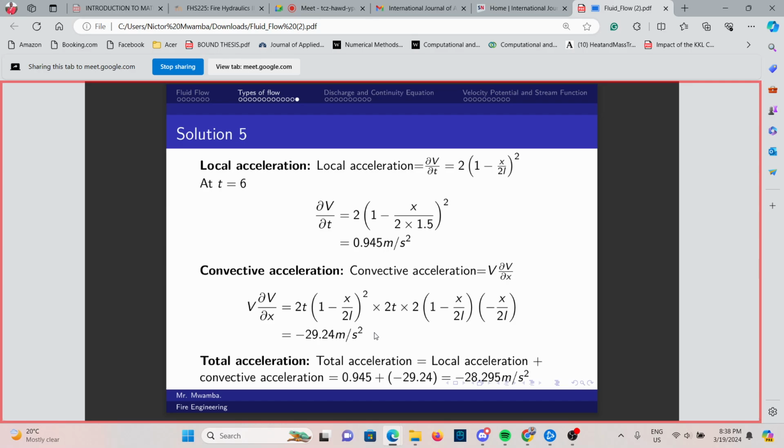Then the total acceleration is equal to the local acceleration, the one that we found here, plus the convective acceleration, the one we found here. So add the two, and you end up with a total acceleration of negative 28.295 meters per second squared, which means that this fluid particle was decelerating, because the value is negative here.